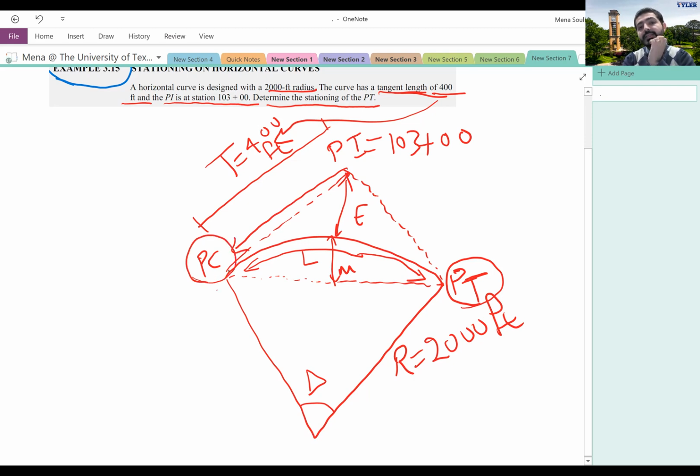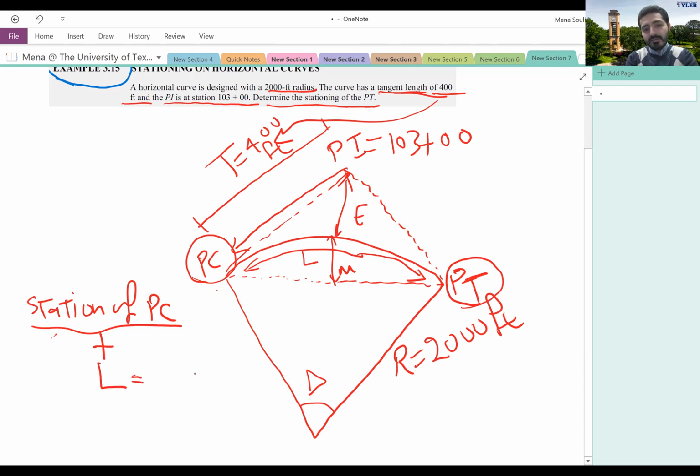Since horizontal curve stationing is measured along the alignment of the road, once I know the station of the PC, I'm going to add the L to it to get the PT. So really the plan is to get the station of the PC, and then add the station of the PC plus L to get us the station of the PT.